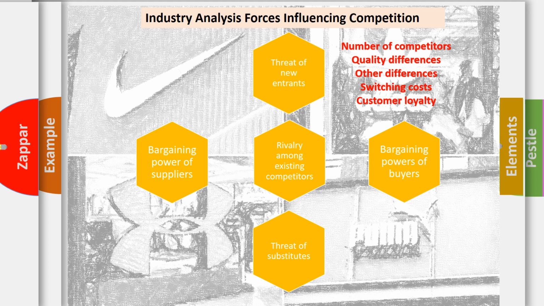But in this case, it's not the case, because if we look at the top four players in the sportswear market, this really only accounts for 38% of the total market size, with Nike and Adidas taking 21.1% and 12.4% respectively, followed by Asics and Under Armour, which have a market share of 2.7 and 2.6 respectively.